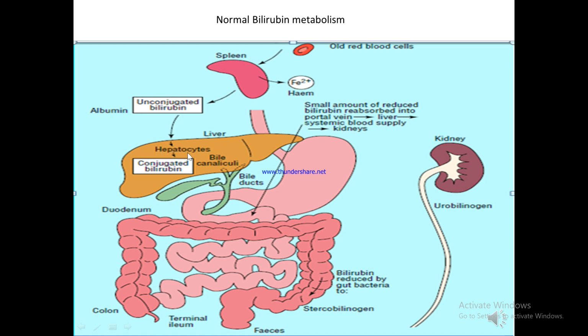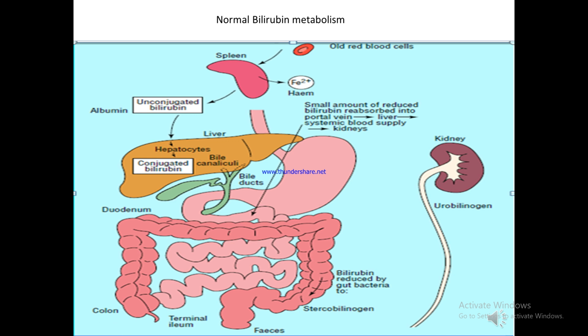A liver hepatocyte will accept unconjugated bilirubin in normal percentage and will undergo conversion reaction from unconjugated to conjugated bilirubin. It is a soluble form and non-toxic form of bilirubin.